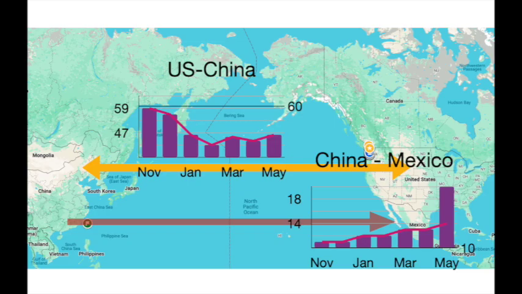So it's decreased, but on the other hand, China increased shipping goods to Mexico from November to May. Especially this year, in May, they shipped a lot to Mexico, and then assembled all the parts and then shipped to the United States.